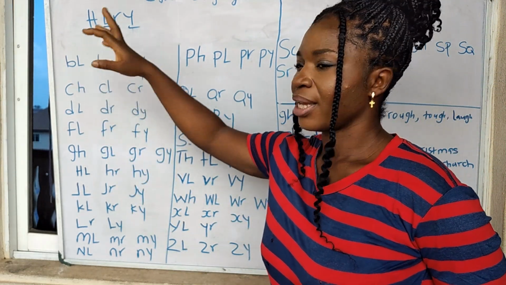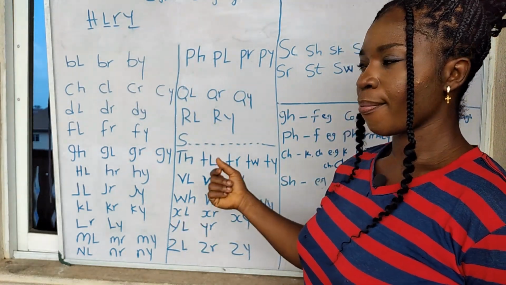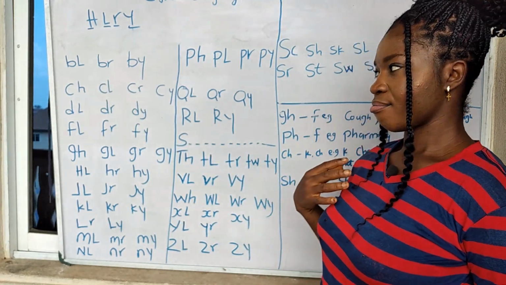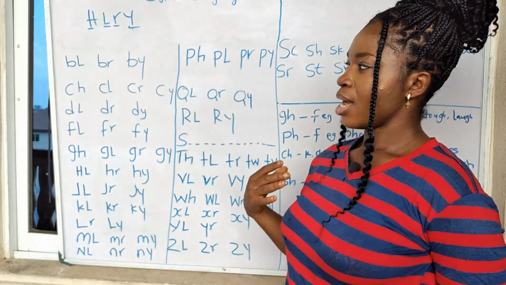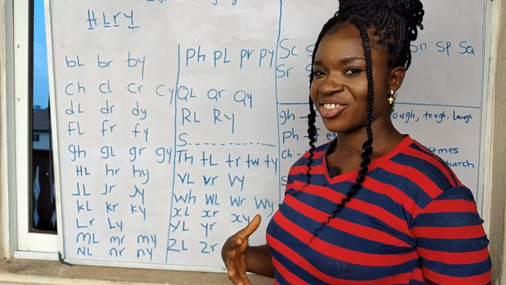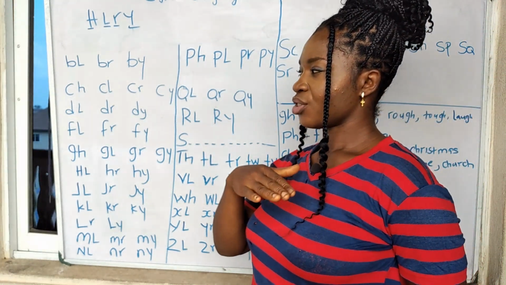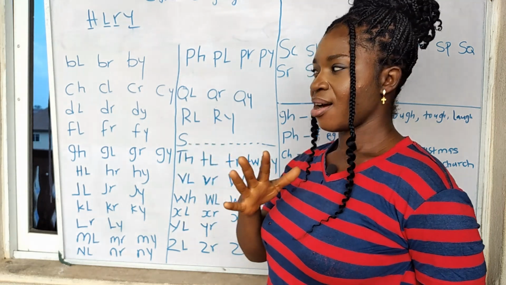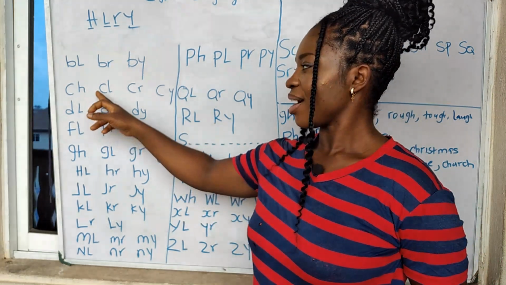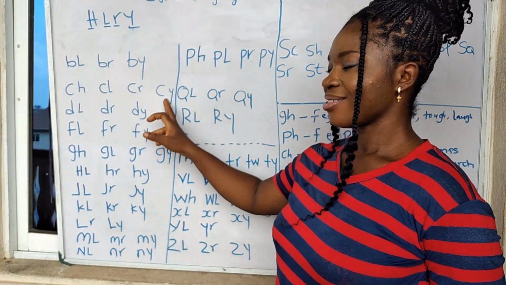You can have BL: blast, block, bloom, blow, and all that. We have BR, bring. We have BY, buy. I have CH: church, chemist. We have clothes, credit, cycle.